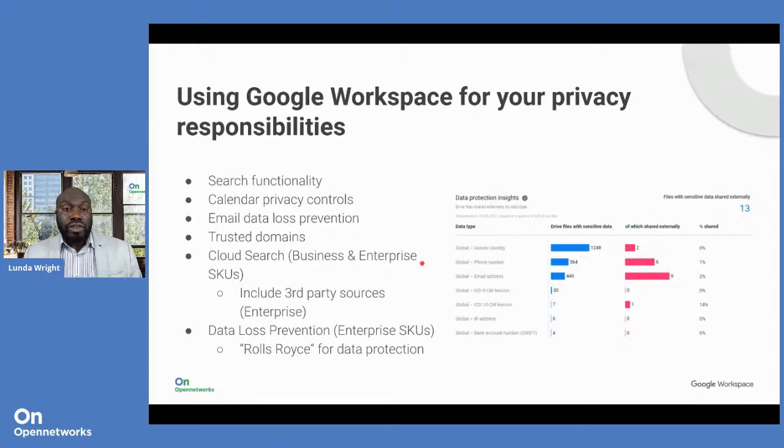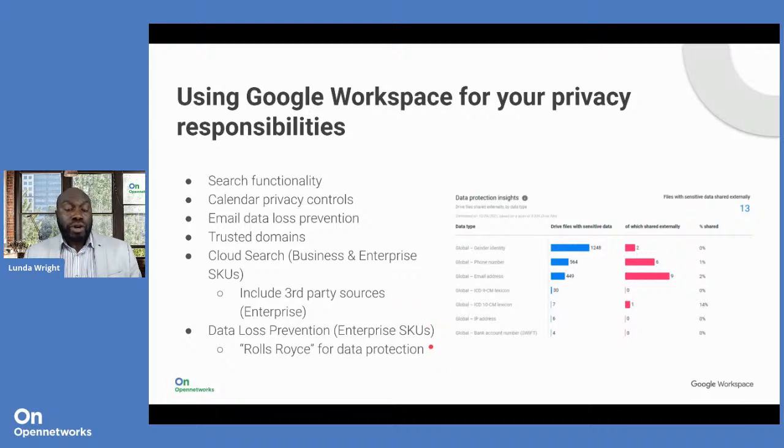For customers on the business and enterprise SKUs, you can leverage Cloud Search. Cloud Search will perform a holistic search of data across all of your Workspace assets. And if you're on an enterprise license, you can also include third-party sources to further enhance your ability to find information within your organization.